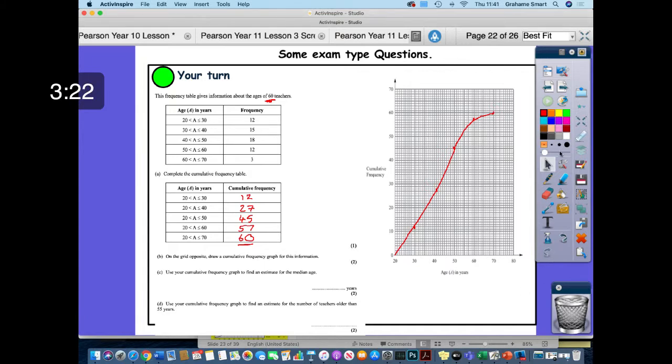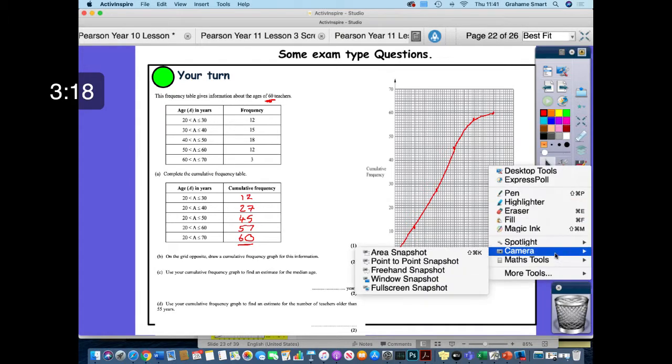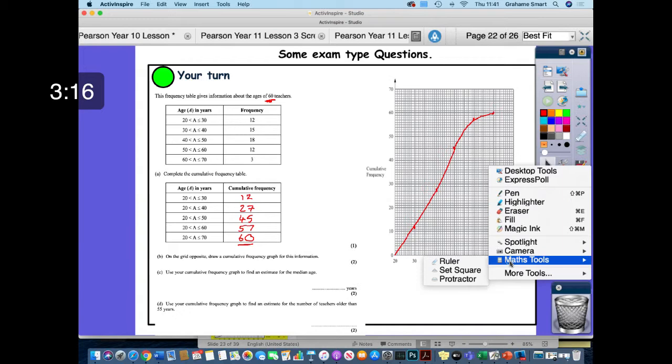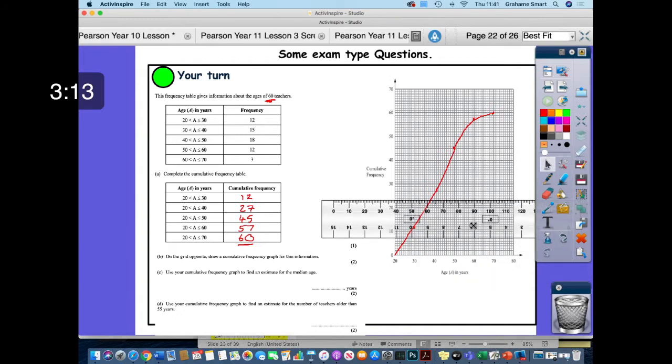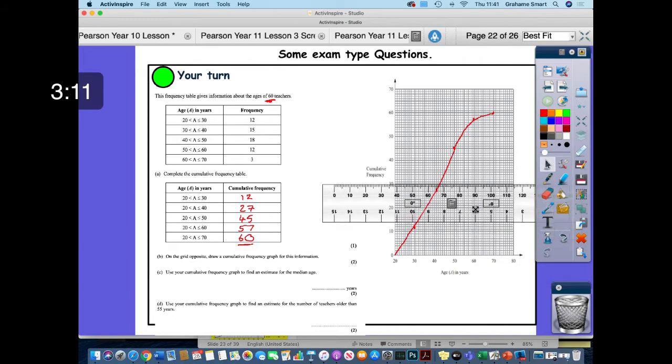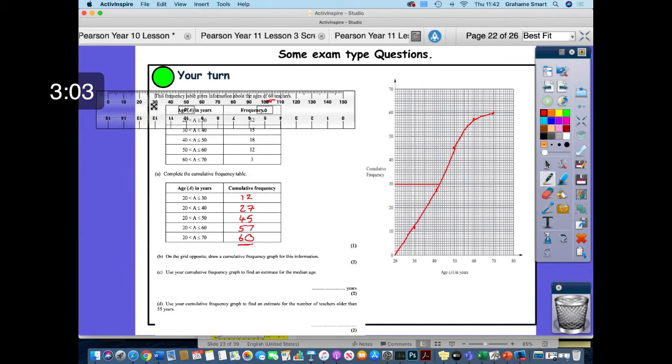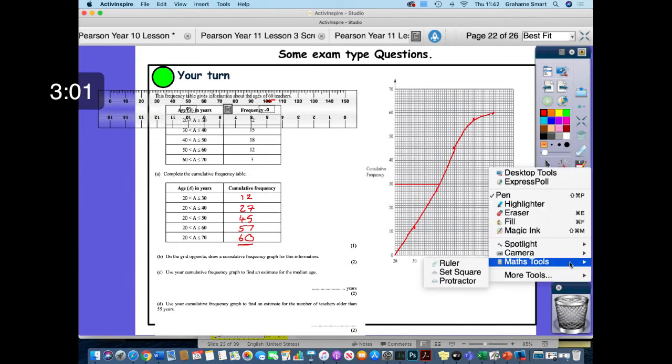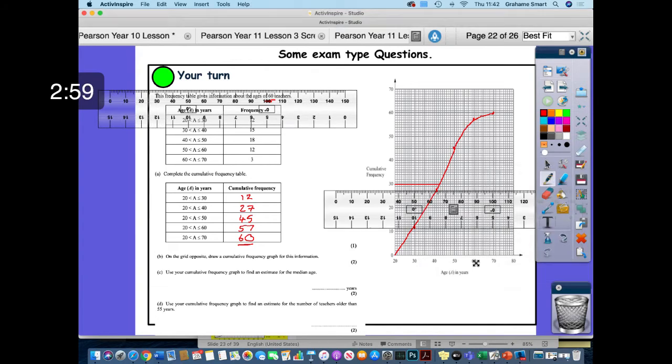And I'm going to have to start going through because I've only got 3 minutes left. It's gone so quick. So again, I can get my tools out quickly. Use the ruler, 30. Try and do this as accurately as I can in real time. Go along to where the curve is. As you saw earlier, it's actually easier for me to bring out another ruler and just rotate it slightly.